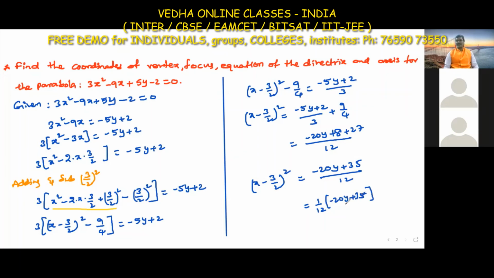Take minus 20 common from the numerator: y and plus 35 becomes minus 35 divided by 20, whole divided by 12 as it is. Now we can cancel.